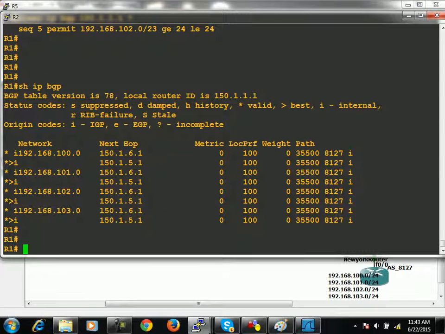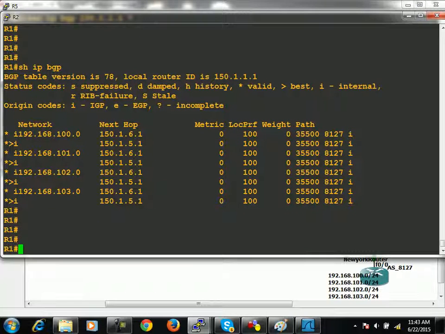Again, its best path for all prefixes is via R5. Check it out. Once again, its best path has been configured via R5. Fine. Then after, once again there is a problem.